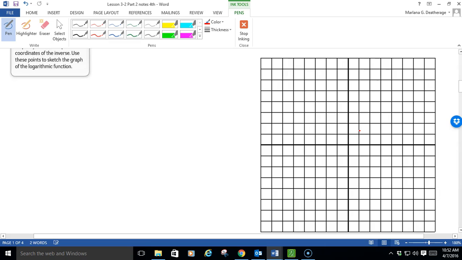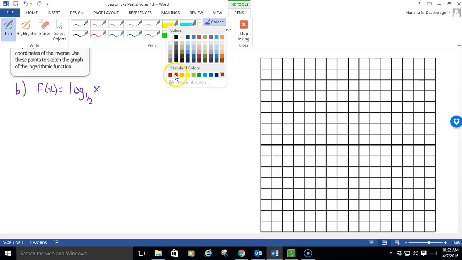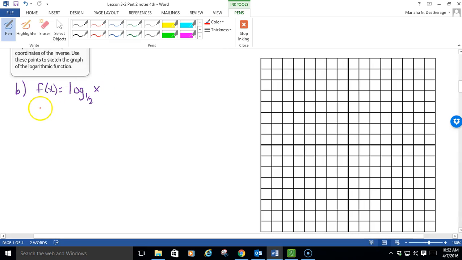Now we're going to do f of x equals log base 1/2 of x. So let's write our inverse.